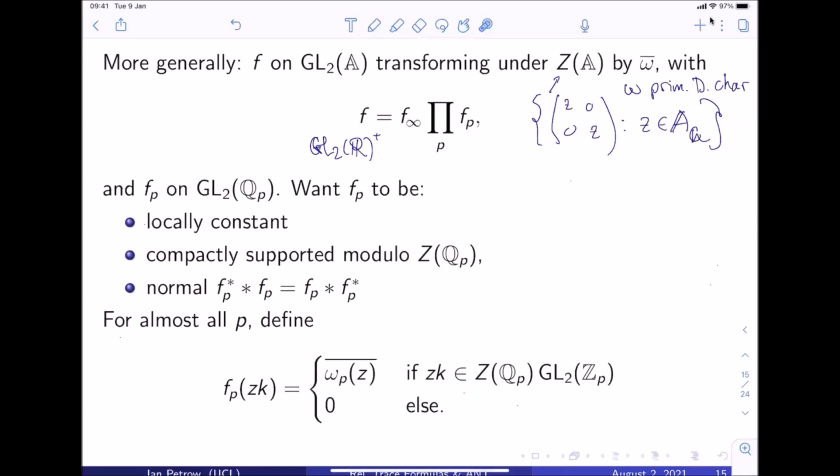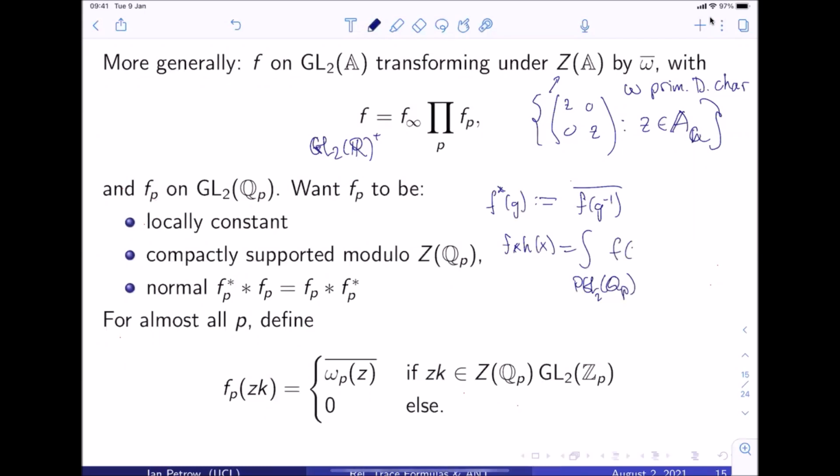So I'm going to assume that these functions on the finite P's are going to be locally constant and compactly supported mod center, and I'm also going to assume that they're normal. So here, f star of G is by definition f of G inverse, complex conjugate, and then f convolve H of X is just going to be equal to this integral.